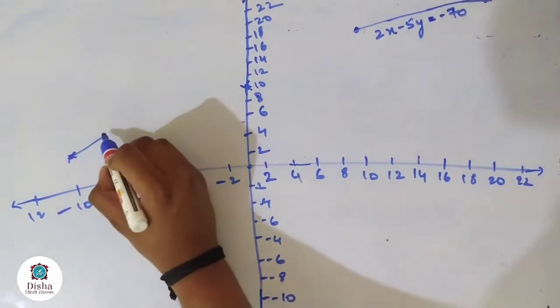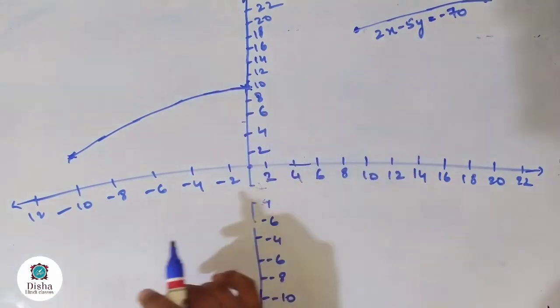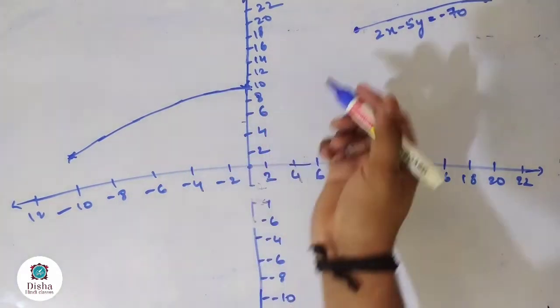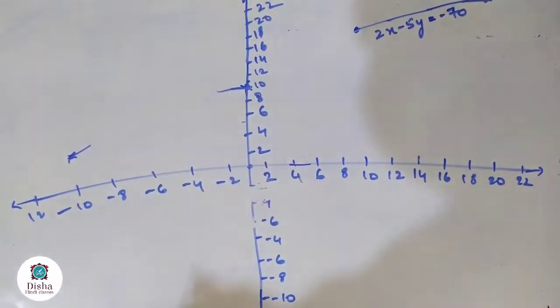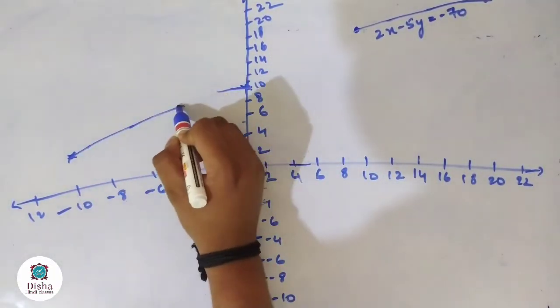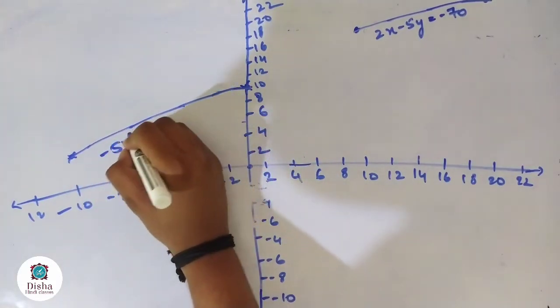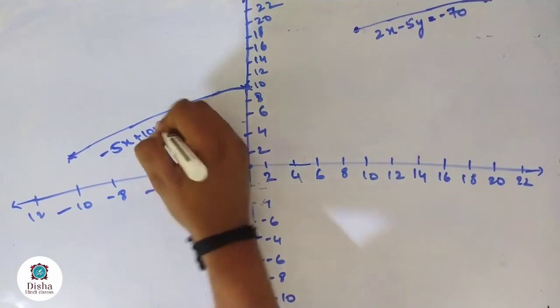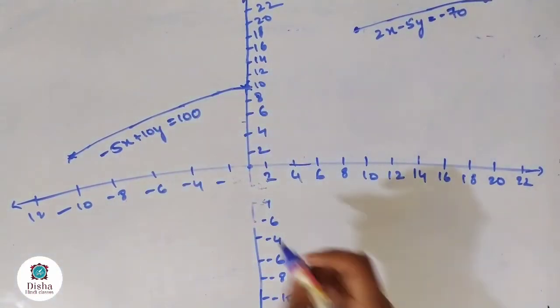Now next let us draw this also. Mistakes happen, but let us do that. I'm not that perfect in drawing here. So this is the line, minus 5x plus 10y equals 100.